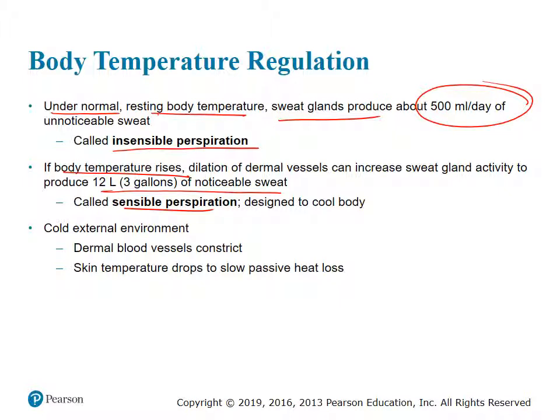In a cold external environment, when the body starts to get cold, the blood vessels in the dermis contract or constrict, and then that blood gets funneled into the central part of the body to keep the internal core temperature warm. Does that make sense?